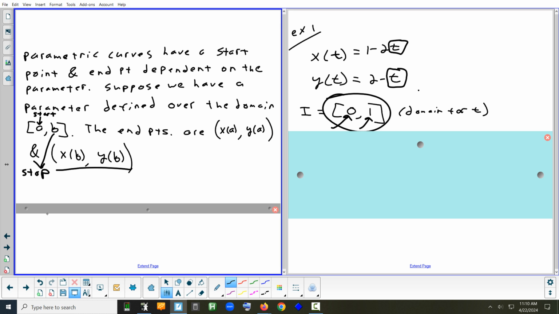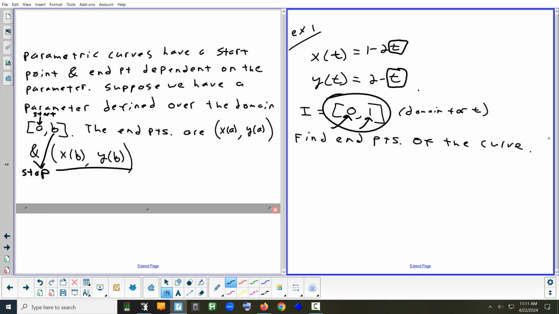Okay, let's try that on this one. So 0 is the lowest value you can plug in for t. 1 is the highest value, and you can do everything in between. Since this is the lowest value for t, anyone have a guess what we call this number? Origin. You want to think of it in terms of what the graphing calculator might call it.